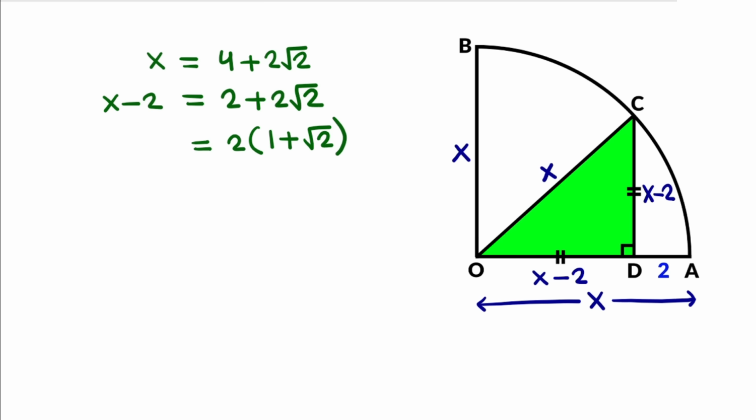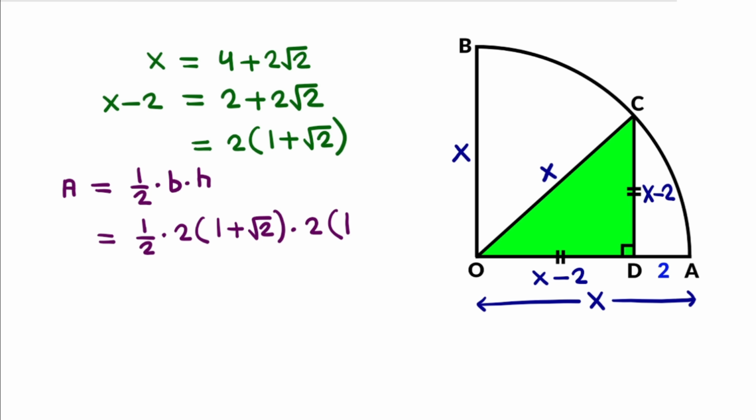We're at the final step. The area of a right triangle is 1/2 times base times height. Both the base and the height are the same. So the area becomes 1/2 times 2 times the quantity 1 plus square root of 2 times 2 times the quantity 1 plus square root of 2.